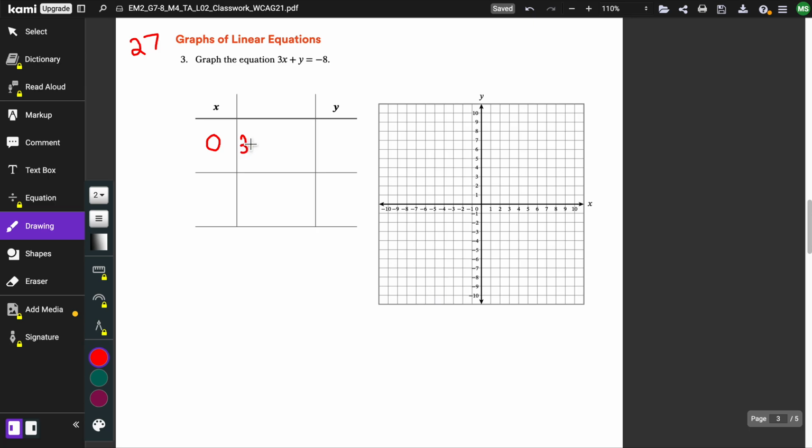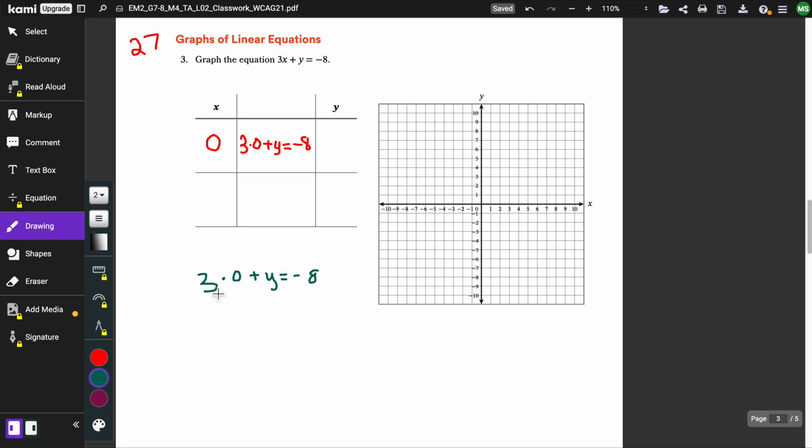3 times 0 plus y equals negative 8. Well, again, I'm going to be solving that equation, so let me rewrite it down here. Sorry if this is messy, I'm using my mouse. 3 times 0 plus y equals negative 8. And you don't have to choose 0, you can choose something else.